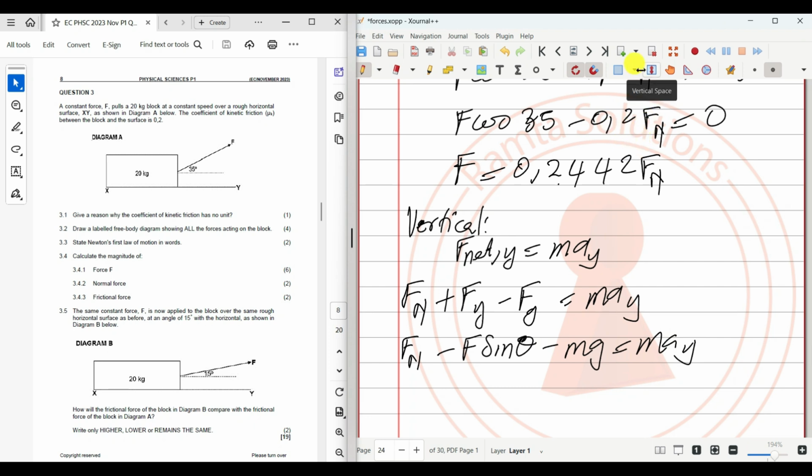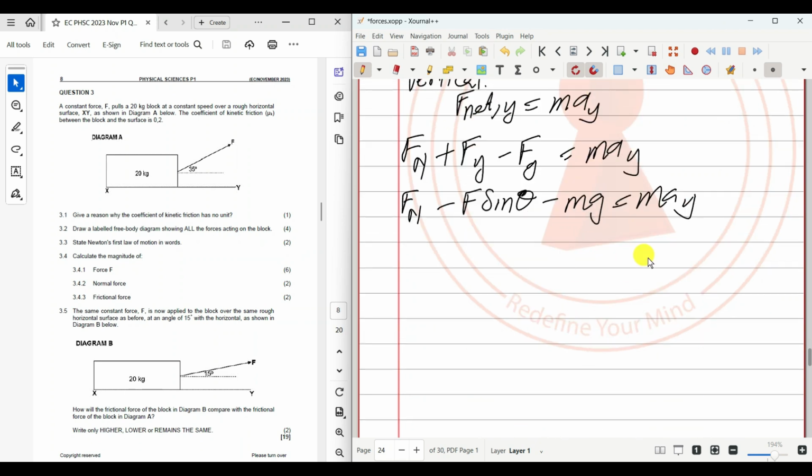I don't want to, but it's okay. I will just work with it. No worries. F sub y, it's okay. I just wanted a substitution that will simplify my work.